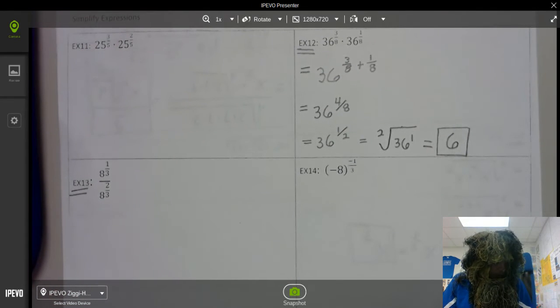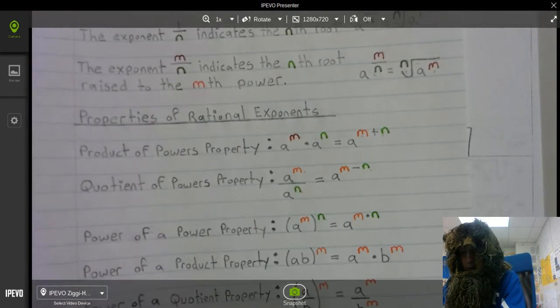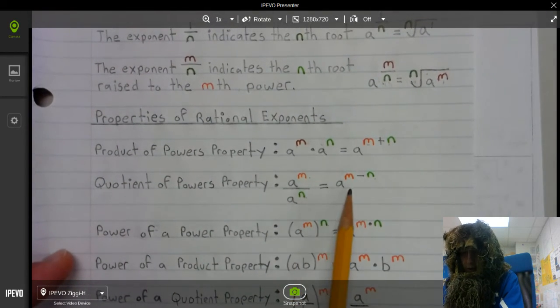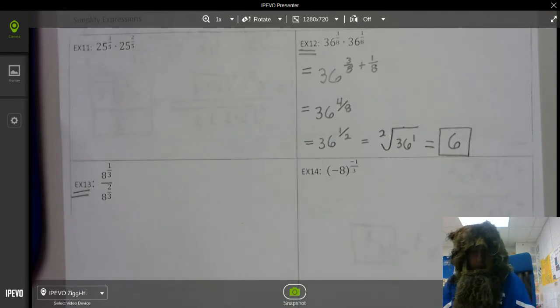All right, so we're using the quotient of powers property. So we're going to go from here to here, okay?